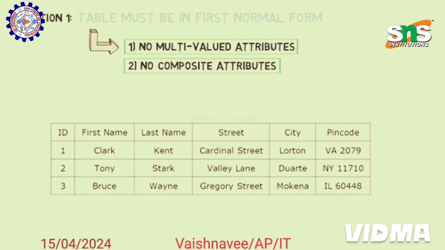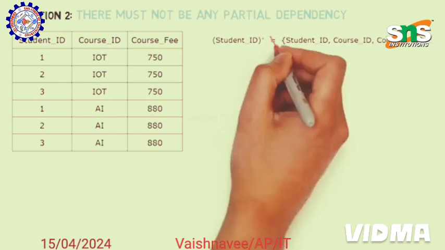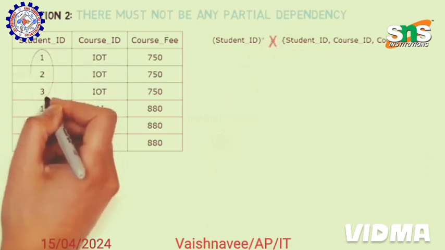So I hope you understand the first condition for the table to be in second normal form. The second condition is there must not be any partial dependency. Let us understand this with an example. In this table, to check whether there is a partial dependency, the first thing you need to identify is the candidate key. Just by using student ID, can we identify the complete tuple? No, there is redundancy present in it. Similarly, using course ID, we cannot identify the complete tuple.